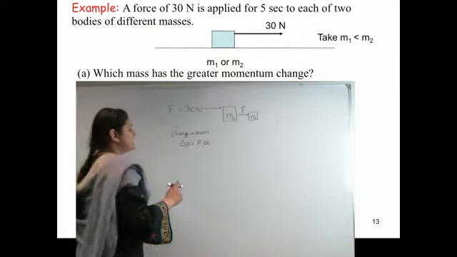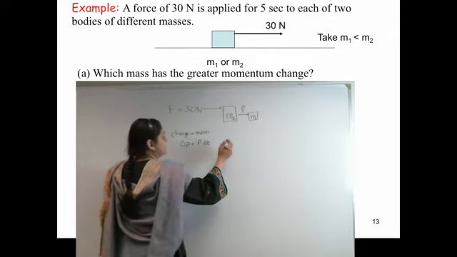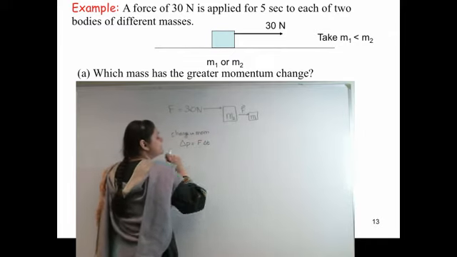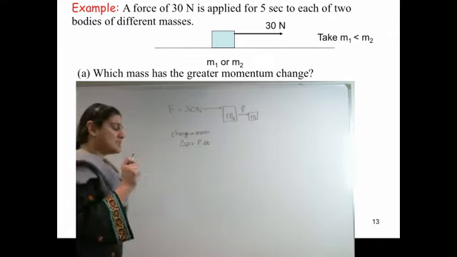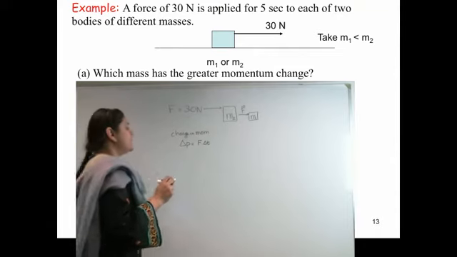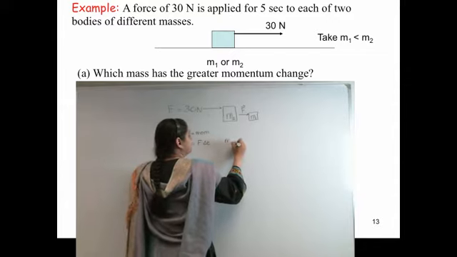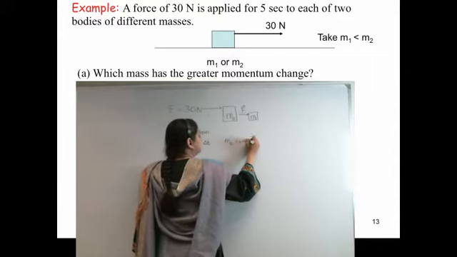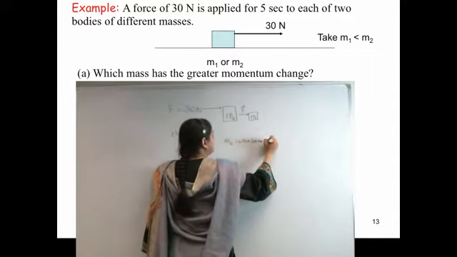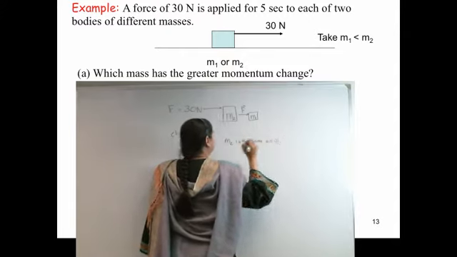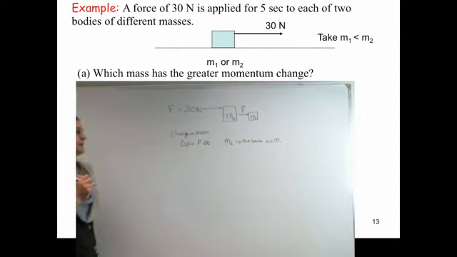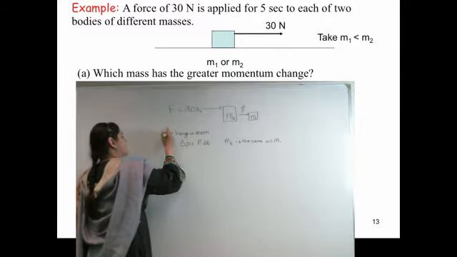So in this case, since the force is the same in both cases, and T is the same in both cases, because the time interval that the force is applied is the same, the change in momentum for M2 is the same as M1. Okay? So that's part A.